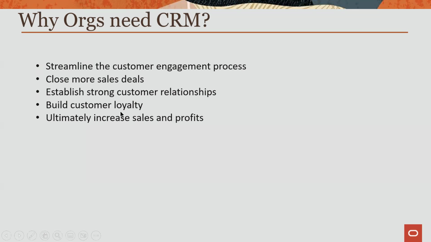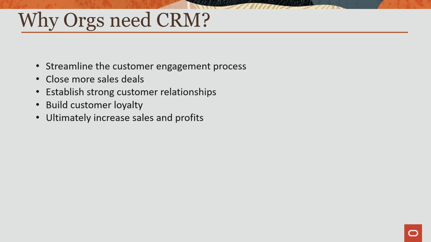And then customer loyalty. If we keep all those customer relationships and the product is working fine, the customer will be loyal to our company, so that if some product is released in future, they might show some interest because they are already using your products.